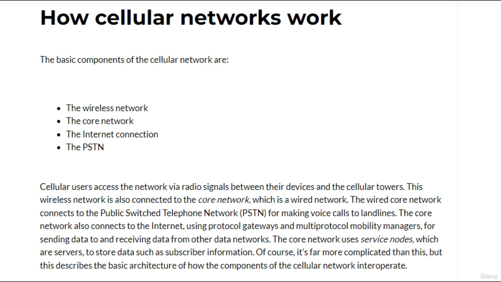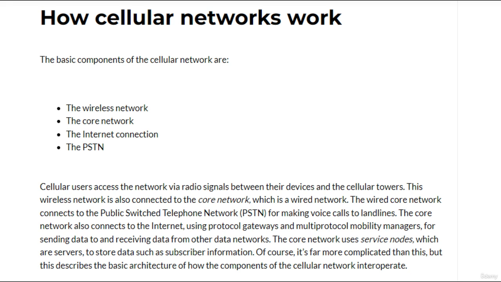This wireless network is also connected to the core network, which is a wired network. The wired core network connects to the public switched telephone network, the PSTN, for making voice calls to landlines.